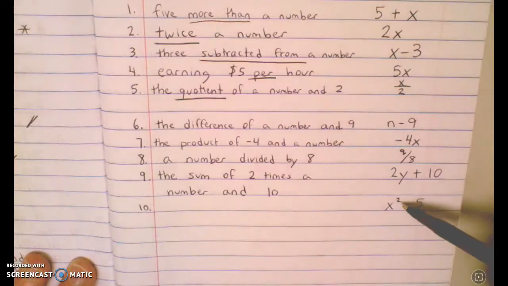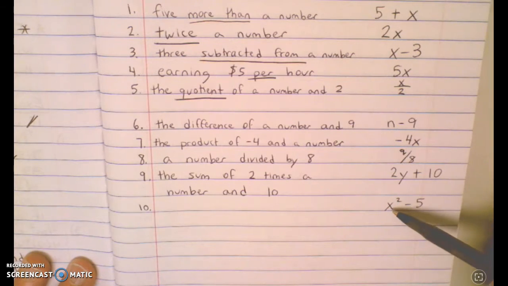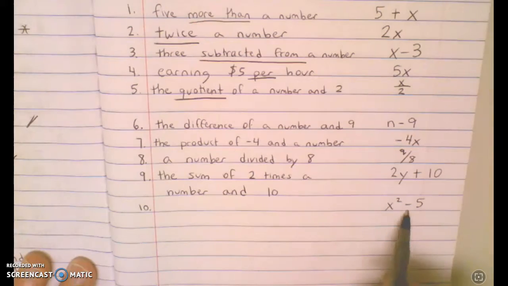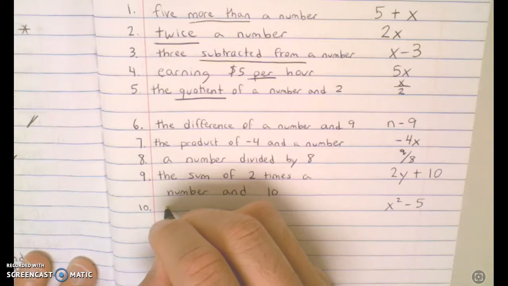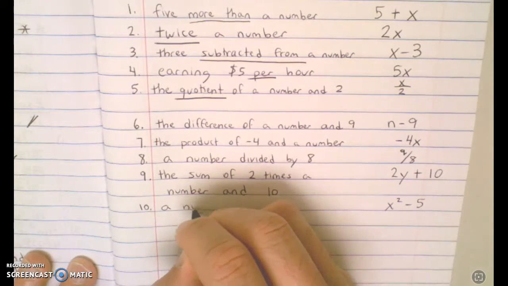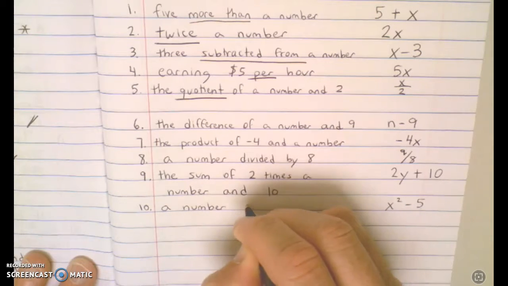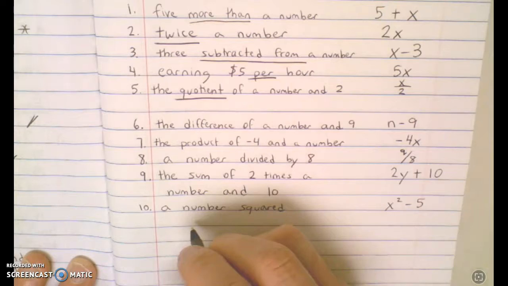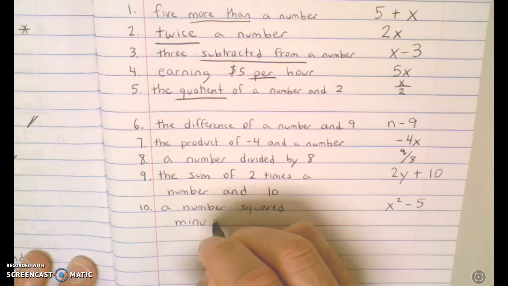Exponents, remember when we refer to this, you can say it two different ways. You say to the second power or squared. The 2 means squared. So here I could write, since I'm dealing with subtraction, a number squared minus 5. I'm going to write this on two different lines again.